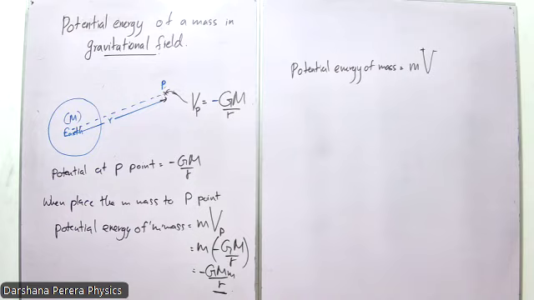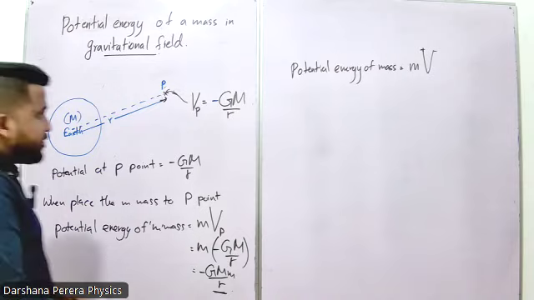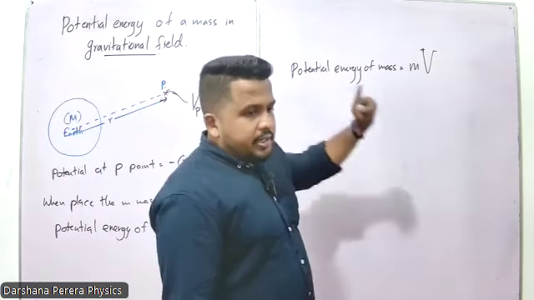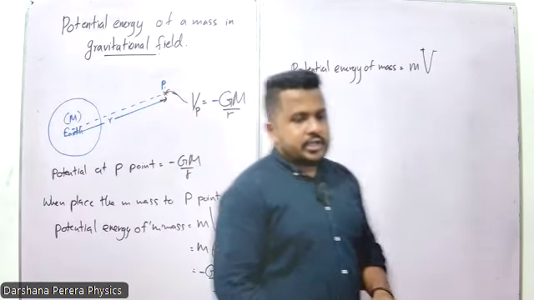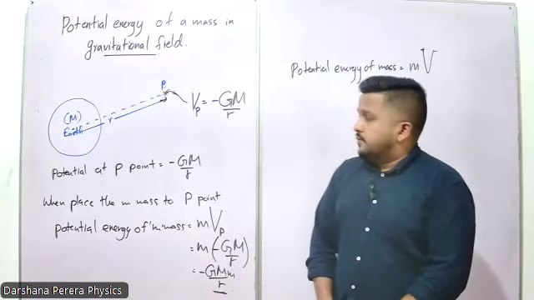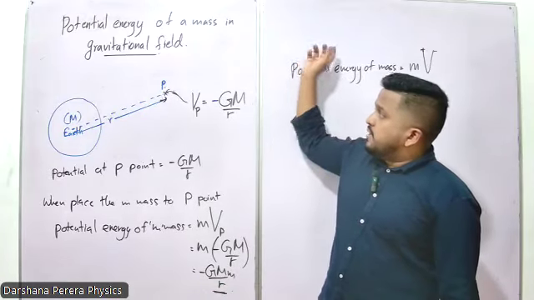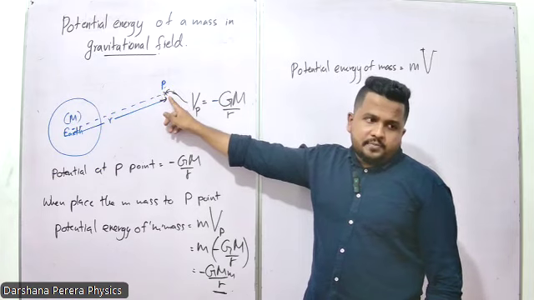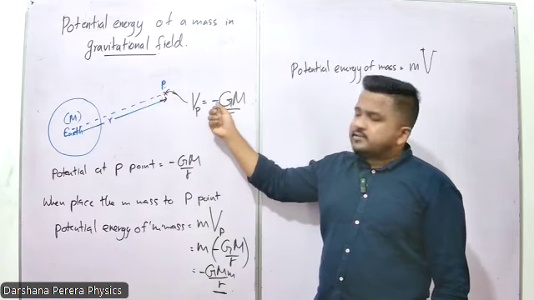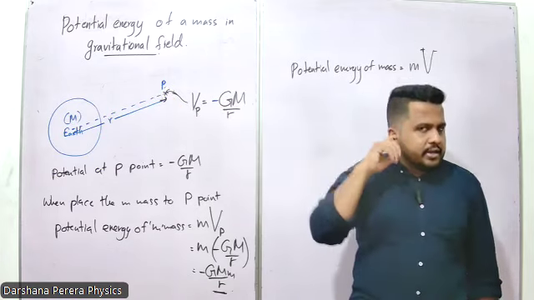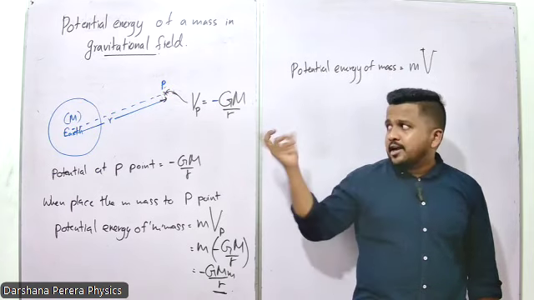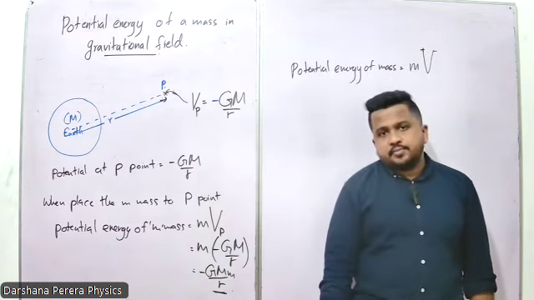Okay. I think you have done. So what is the potential? Potential means the work done which I have to do when placing a unit mass to this point, right? Why is it minus? Because it is the work done by the gravitational field, right?